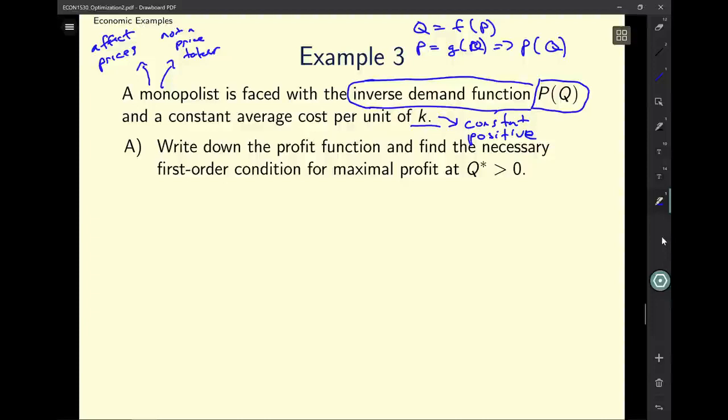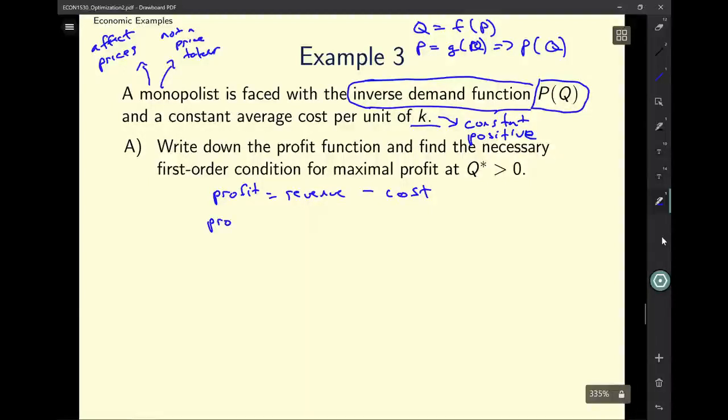We want to write down the profit function and find the necessary first order condition that will maximize this monopolist's profit. And so we're going to find some value for Q, or some expression for Q, that will maximize their profit. Remember, generally, profit is equal to revenue minus cost.